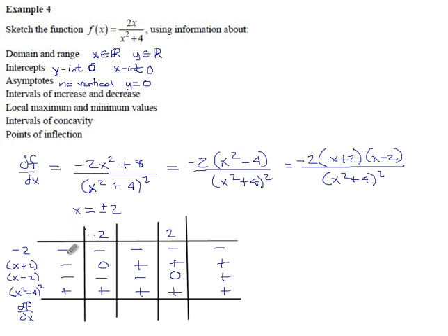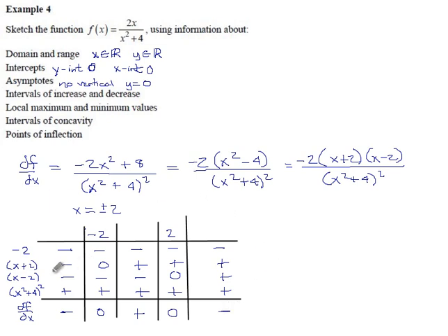Okay, so negative times negative times negative over positive is negative. Negative times 0 over positive is 0. Here we get 2 negatives, so that comes out positive. Here we get a 0 again, and then we're back to negative.